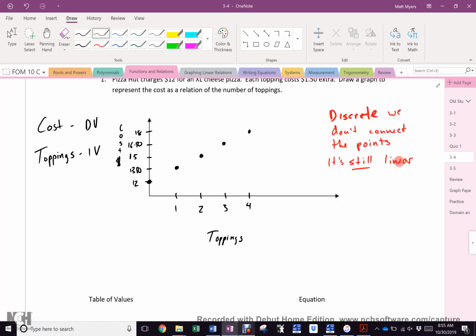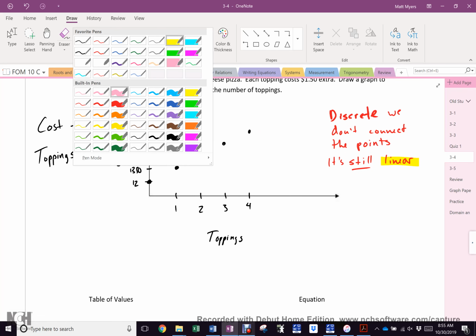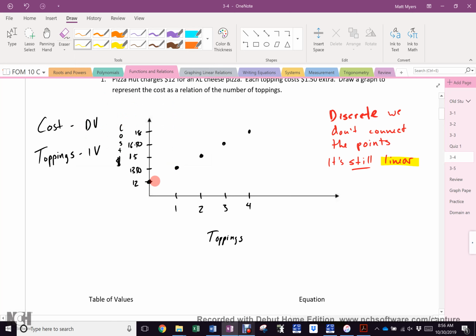What makes it linear is this. And I'll use yellow to graph that. What makes this linear is it has a constant, can you see that yellow on the right? Constant rate of change. What do you mean it's got a constant rate of change? When I go 1 topping on the IV, I go 1.5 on the DV.